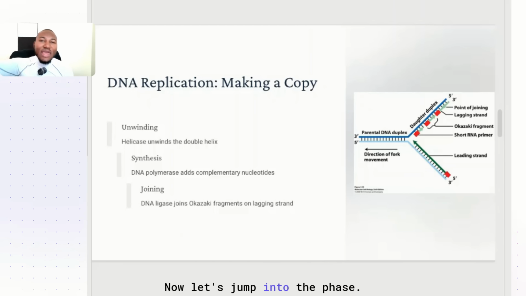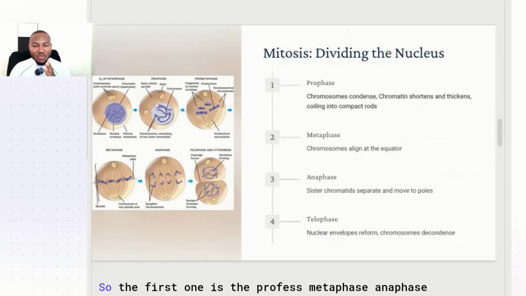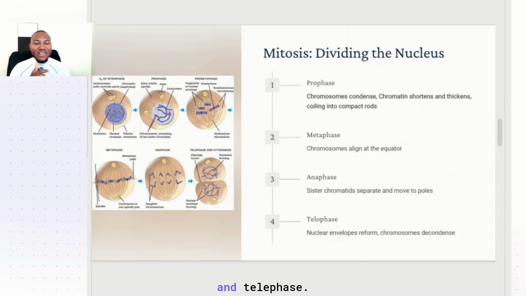Now let's jump into the mitotic phase. The phase has 4 parts. Remember, we are dealing with mitosis, not meiosis. So the four parts are prophase, metaphase, anaphase, and telophase. How do you remember that? Pass anatomy test. I passed my anatomy test.